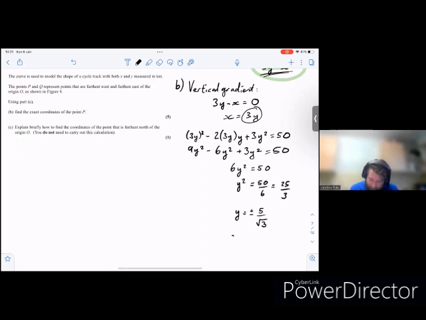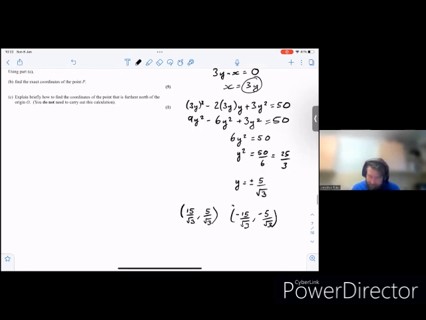So the two coordinates then, for plus 5 over root 3, we get 3 times 5 over root 3, 5 over root 3. And the other point will be minus 15 over root 3, minus 5 over root 3.